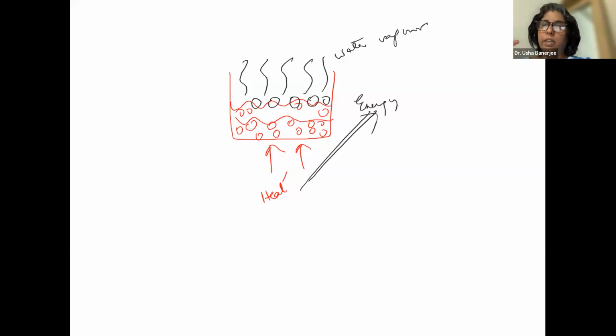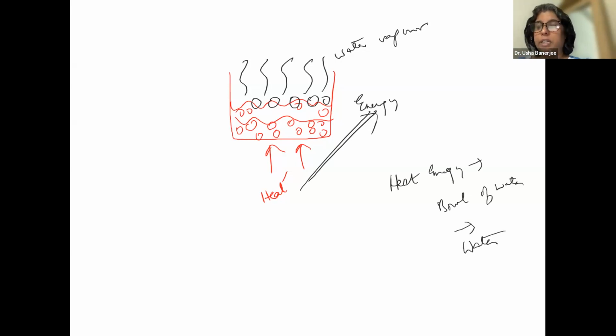When you're heating a bowl of water, the heat energy is transferred to the bowl, and this is transferred to the water inside. So the flow of energy is like this.